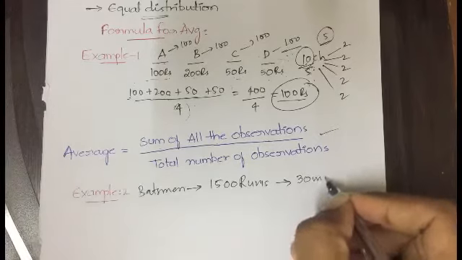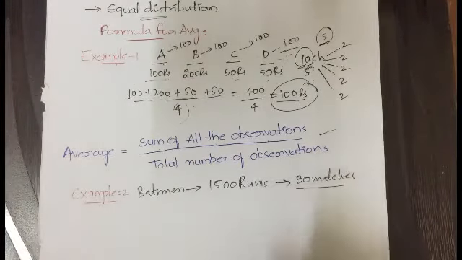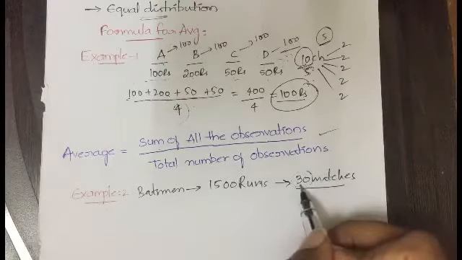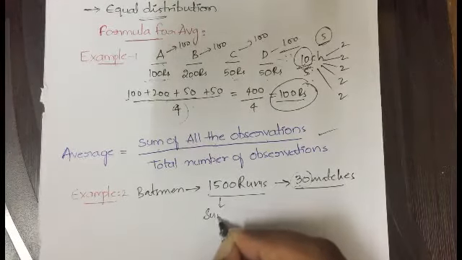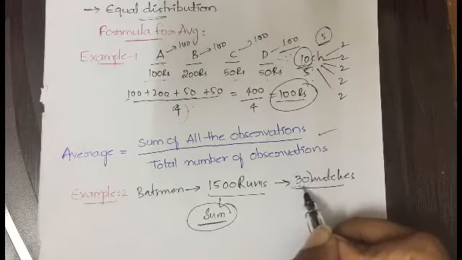We don't know the individual score of the batsman in each of these 30 matches. The only thing we know is the total score, which is the sum. We know the sum of all the scores secured by the batsman and we also know the number of matches played by the batsman.